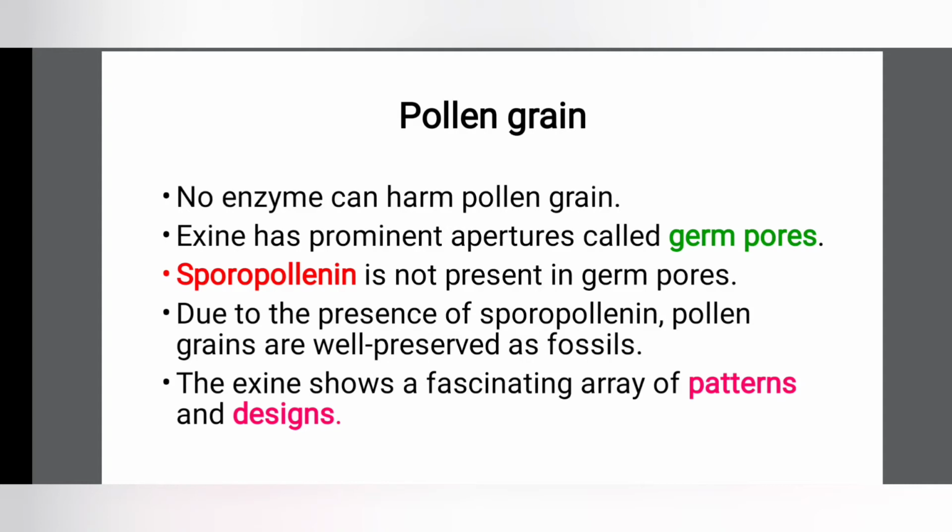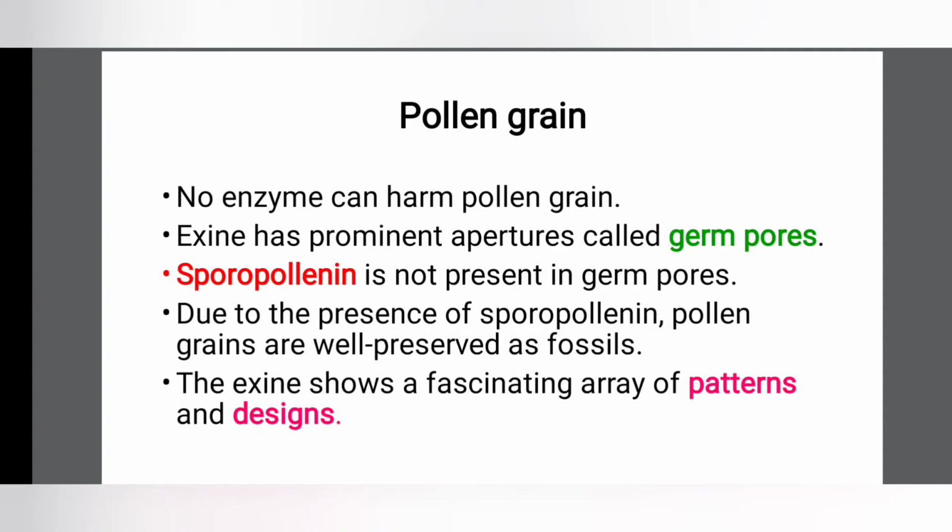These apertures or tiny holes are called germ pores. In these germ pores, sporopollenin is not present. Due to the presence of sporopollenin only, pollen grains are well preserved as fossils for many years.